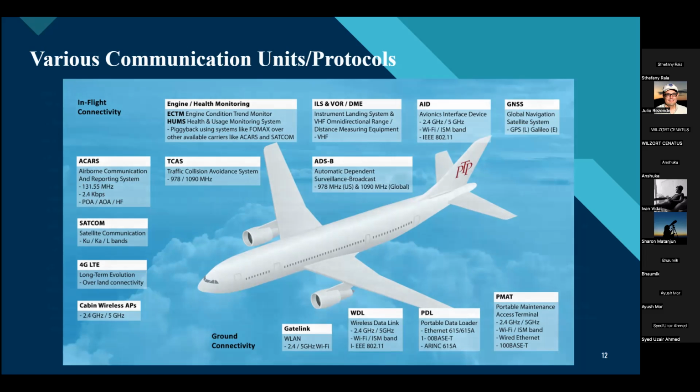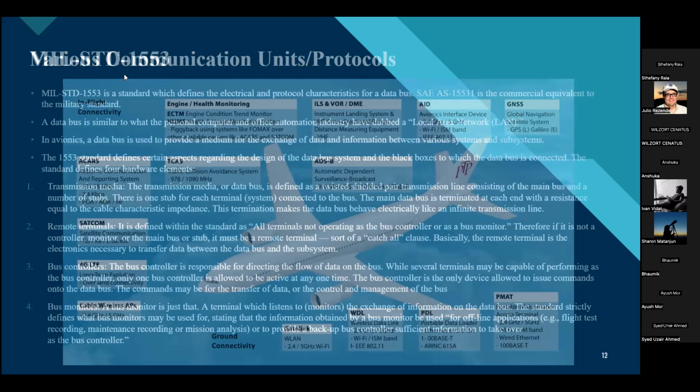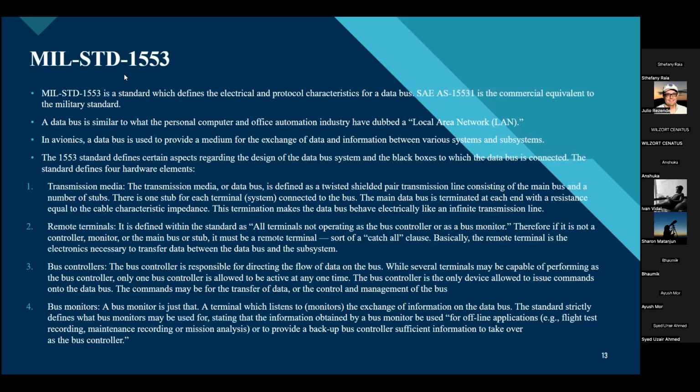So moving on, we will talk about MIL-STD. It's basically a military standard databus. It is simple and deterministic, and it's really reliable. The main components for MIL-STD are the bus controller, remote terminal, and bus monitor.